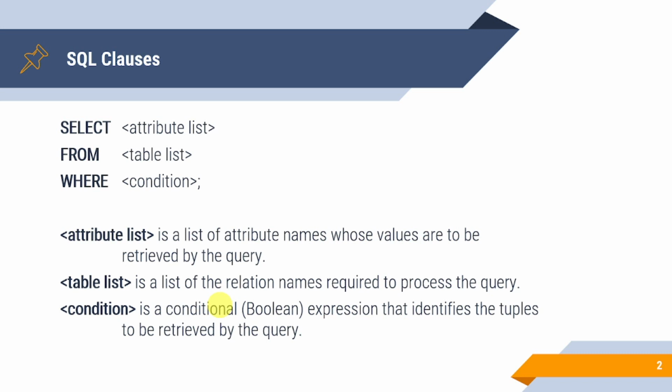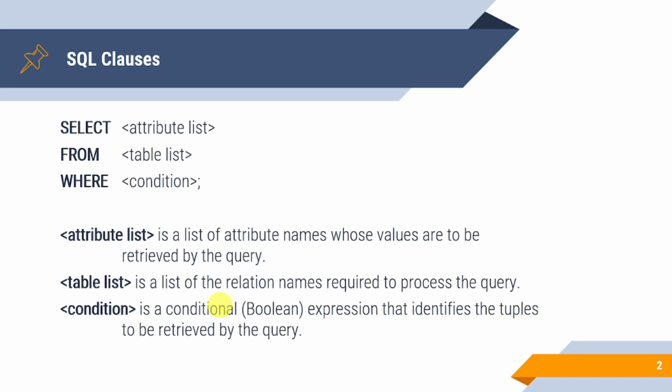And of course, after ng where, you need to use the where clause to create the condition. Yung condition natin is a conditional expression or yung boolean. Pag sinabing boolean, dalawa lang ang value, either 1 or 0 or true or false.